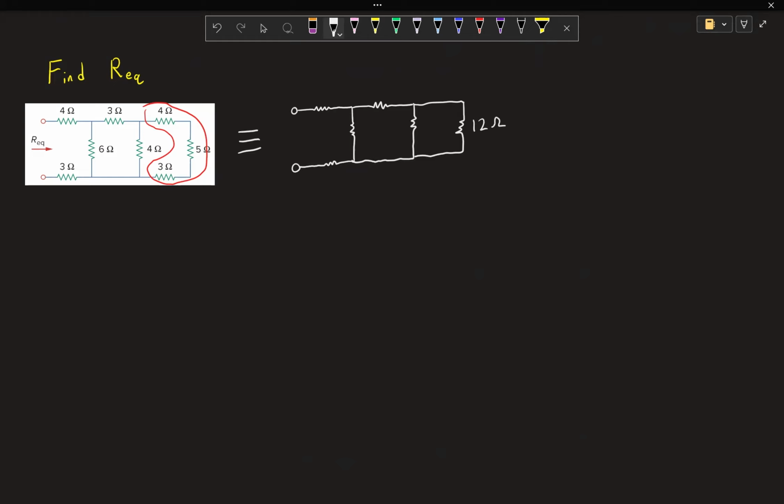So now that's 12 ohms. And then you keep the rest the same. So you got a 4 ohm, a 3 ohm, 6 ohm, 4 ohm, 3 ohm. And now you just keep doing the same thing. So now what's the most convenient to combine? You can look at these two resistors. Those are in parallel. So we can rewrite the circuit again.